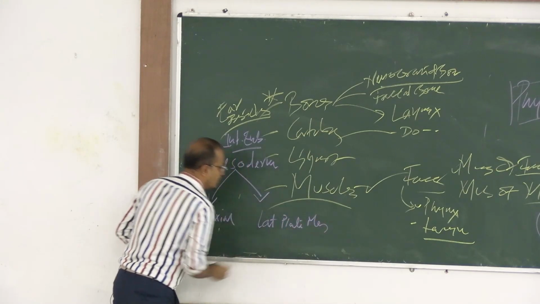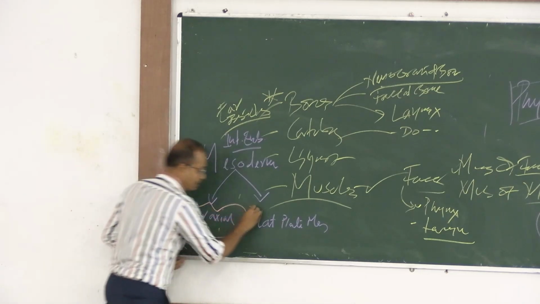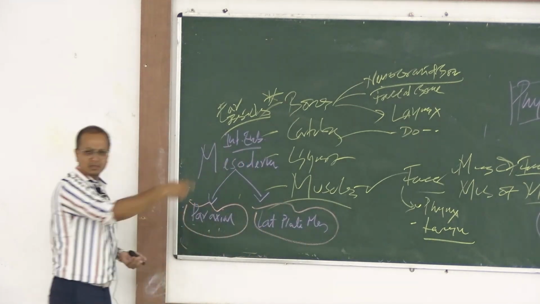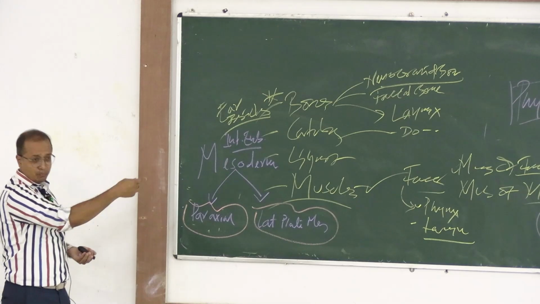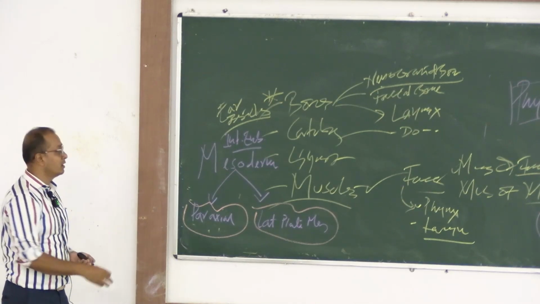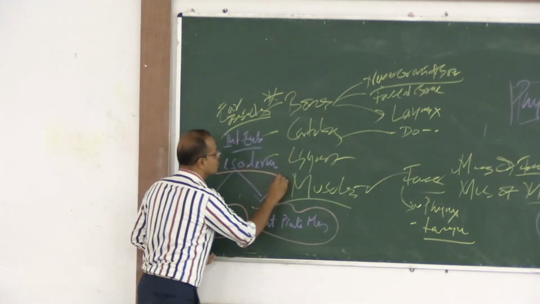Now what do they do? Paraxial mesoderm and lateral plate mesoderm, they create the muscle, they create the bone, they create the cartilages, they create the blood vessels, anything and everything this connective tissue has, they are developed from this mesodermal tissue.